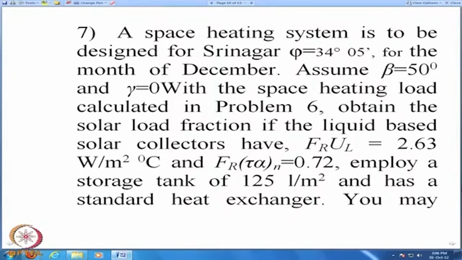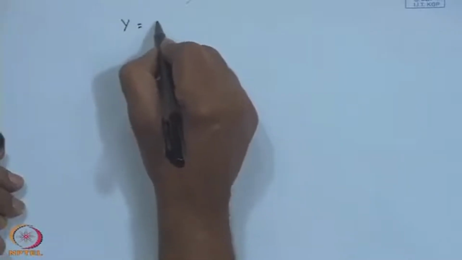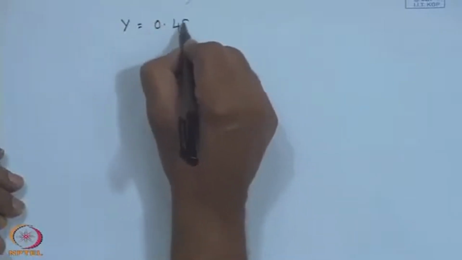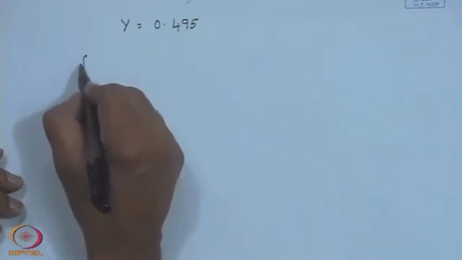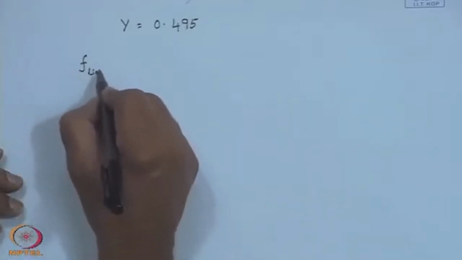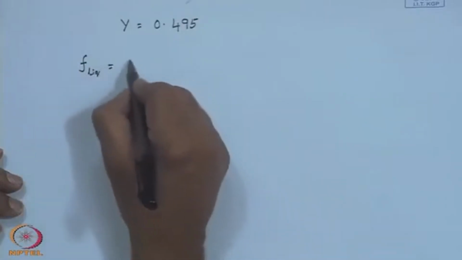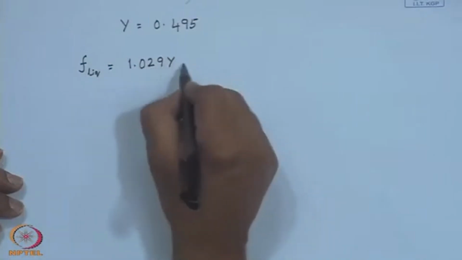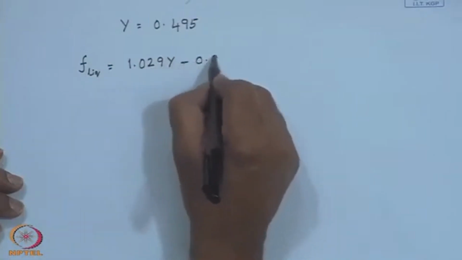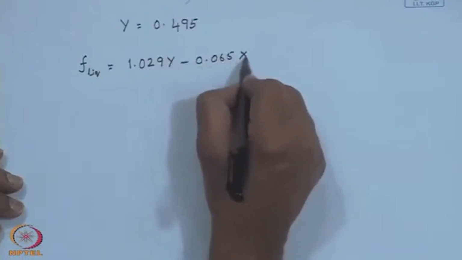Which gives your y as 0.495. So, I use the correlation for the liquid based F chart: 1.029 y minus 0.065 x.